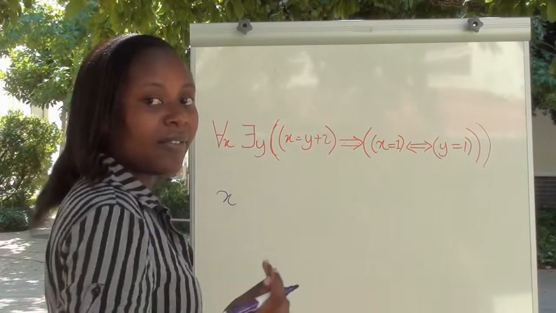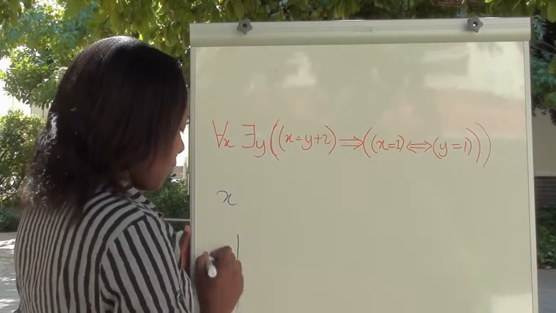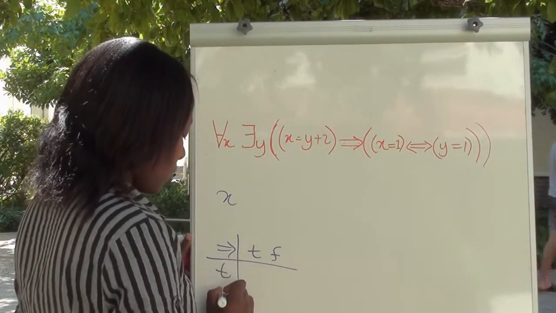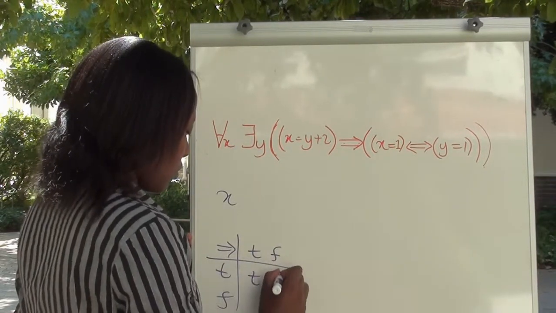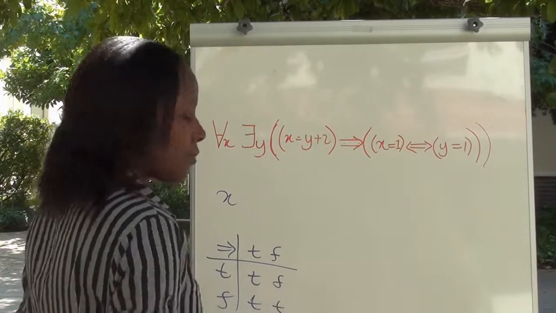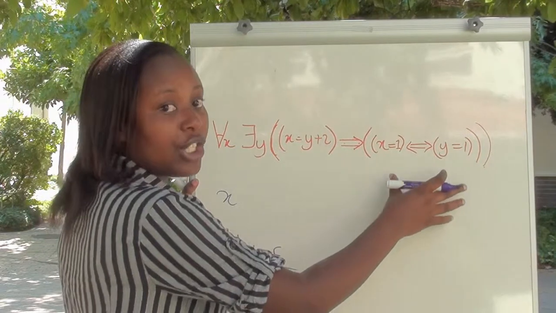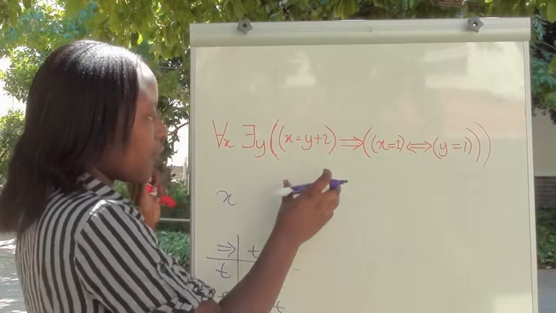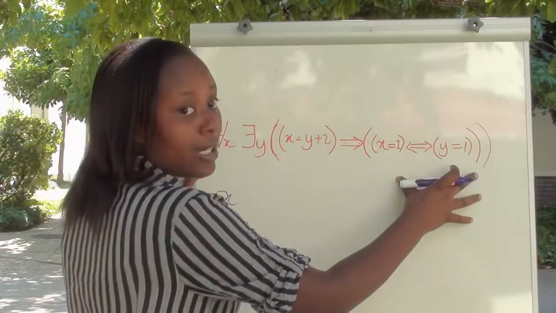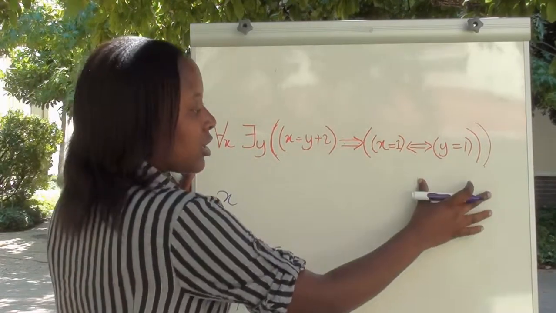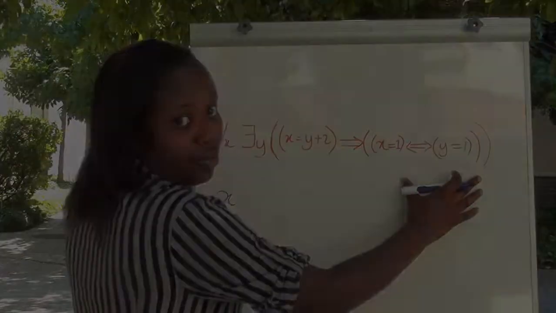And we discovered earlier that this whole expression is true either when, first, this is true, that is true. Second, this is false, this is false. Third, this is false, this is true.